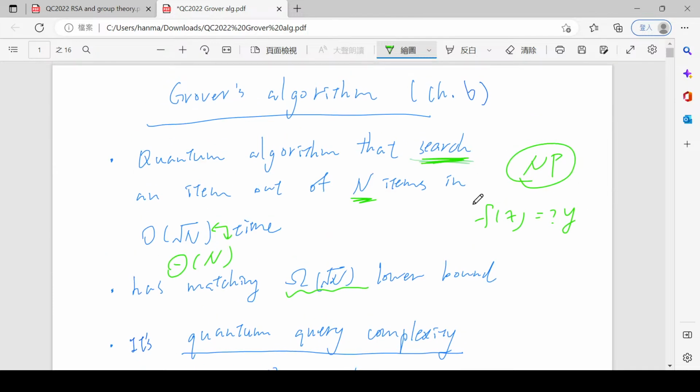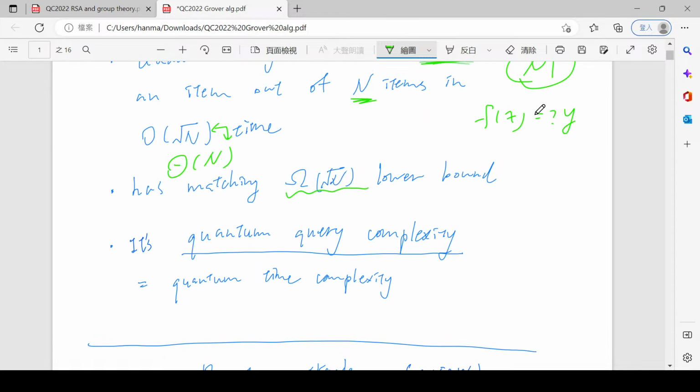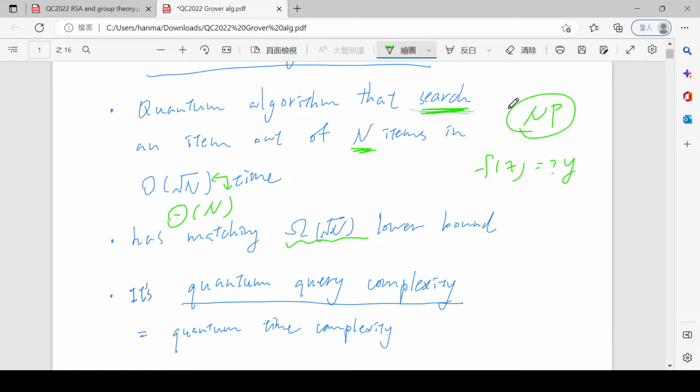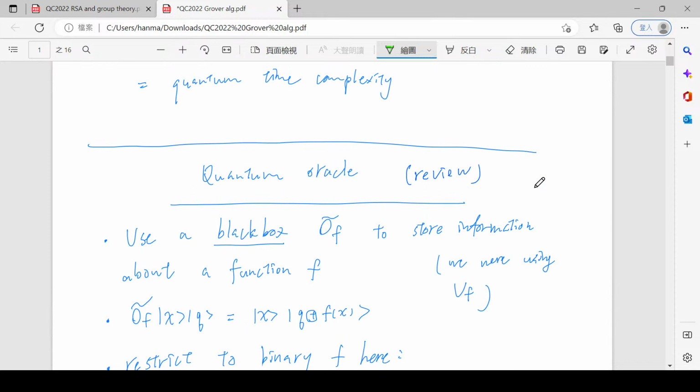For example, the oracle might be representing your one-way function or your verification circuit for your NP-complete problem, etc. But anyway, we abstract it into some kind of black box, just some block you can put in your circuit. And we call that O_F tilde.